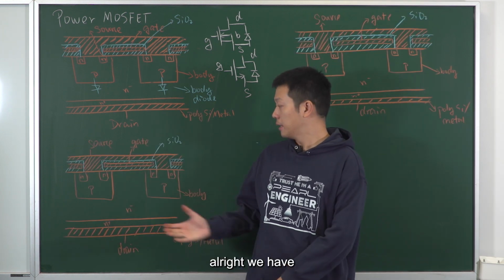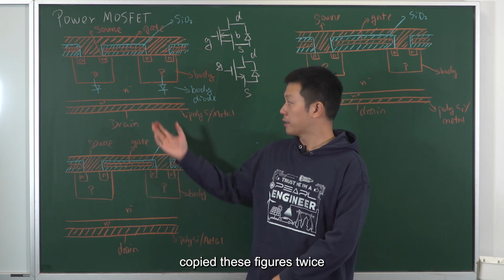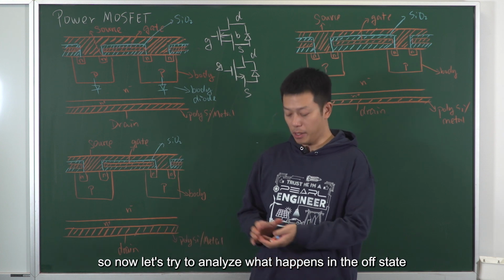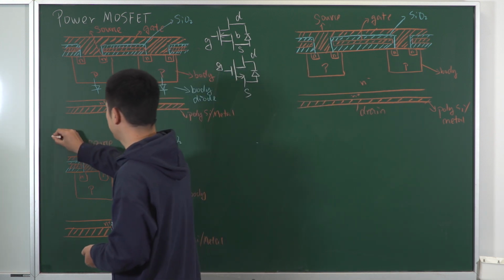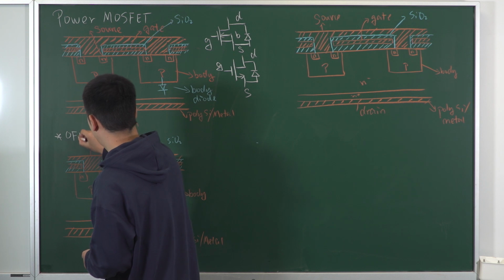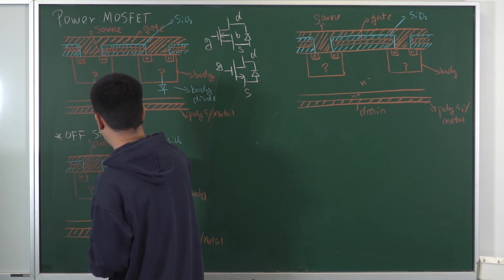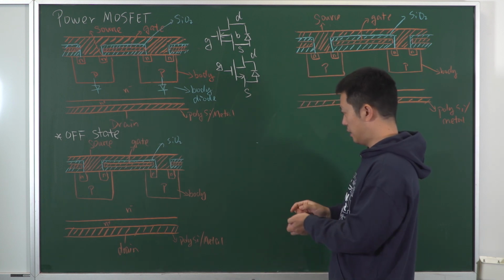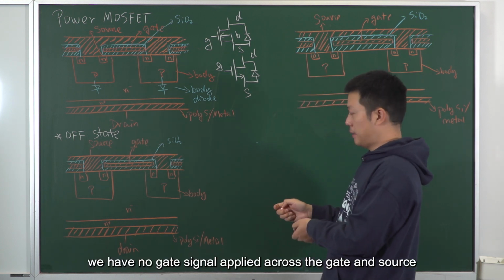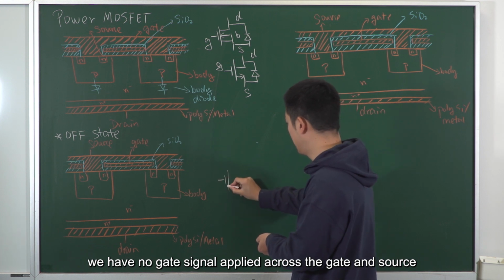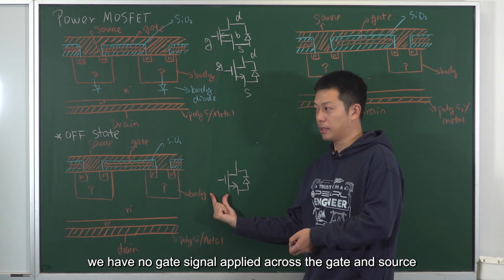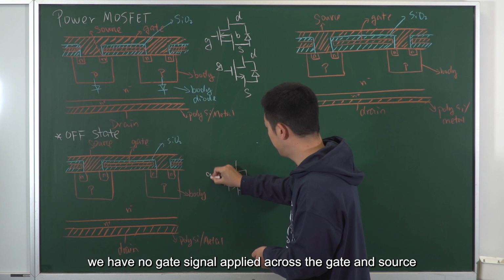All right, we have copied these figures twice. So now let's try to analyze what happens in the off-state. So for the off-state, it means that we have no gate signal applied across the gate and the source.